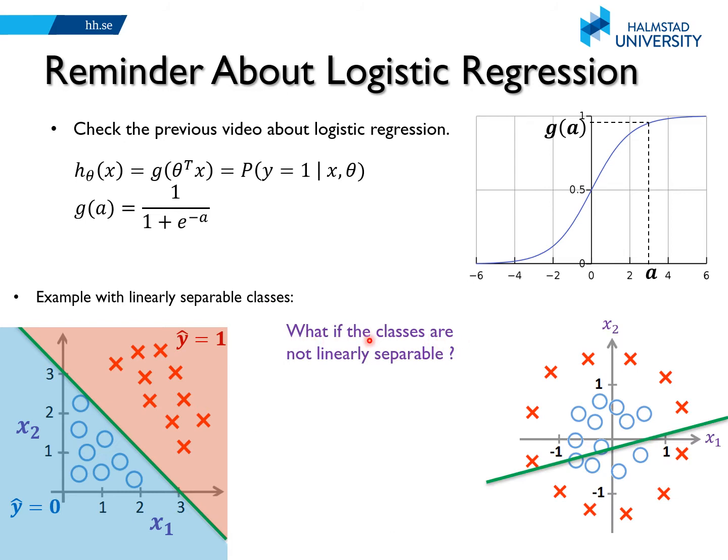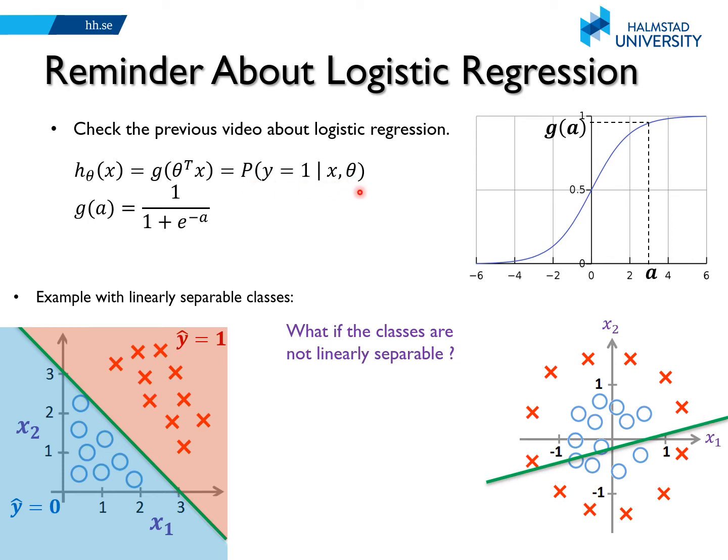Now, what if the two classes we have are not linearly separable, as in this example? In this case, if we use this same hypothesis function that we have here, then we will get a linear decision boundary, which is not able to separate those two classes well, because they are non-linearly separable.